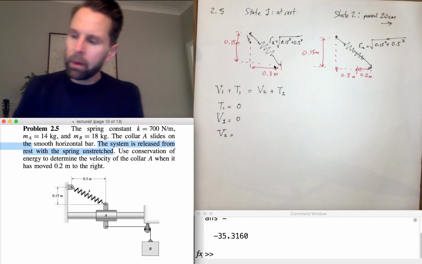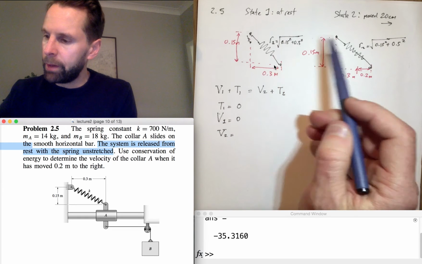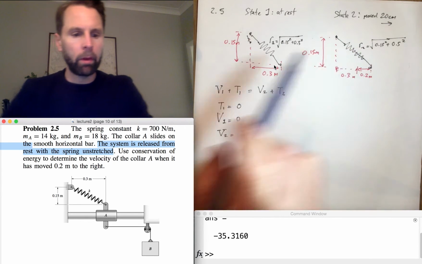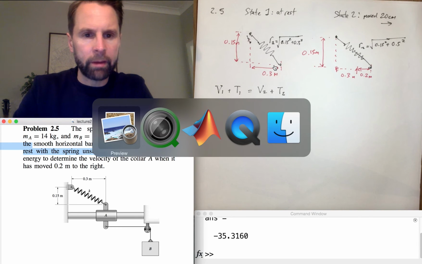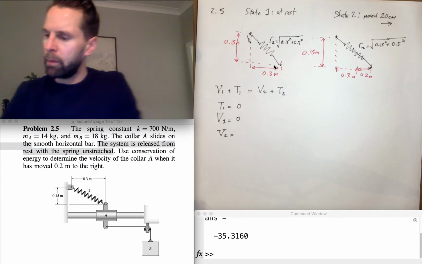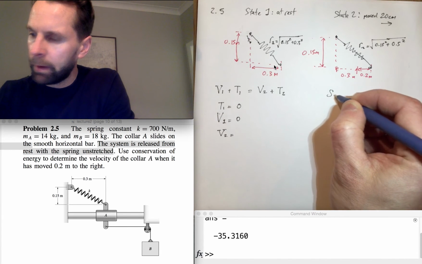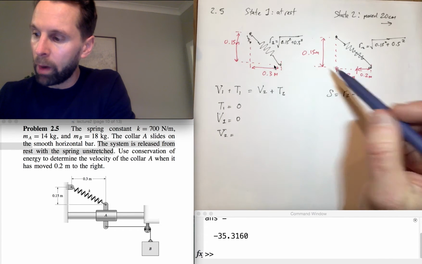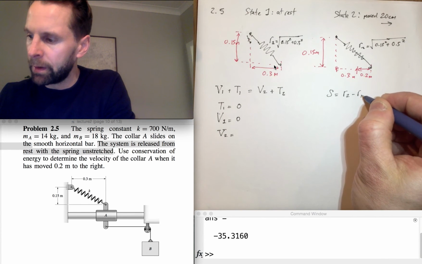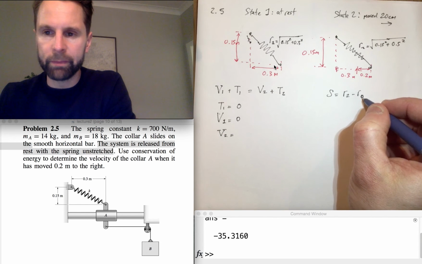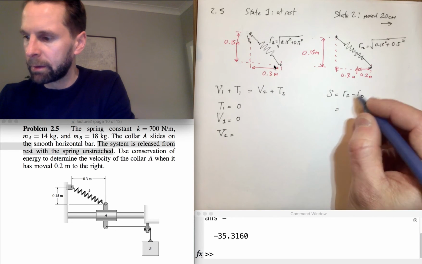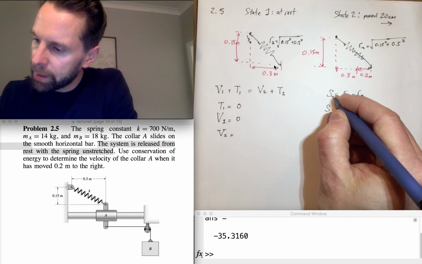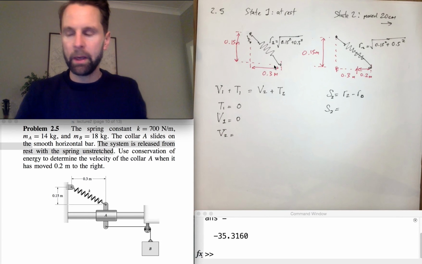So how much is the spring stretched in this position? Well, I don't think we need to go back to the lecture to remember that stretch is defined as R2 minus R1, where R1 is the unstretched length. Actually, in the lecture notes, I use R0 to define unstretched length, but that's equal to this length. So to calculate the stretch at position 2, it's just the difference in length.